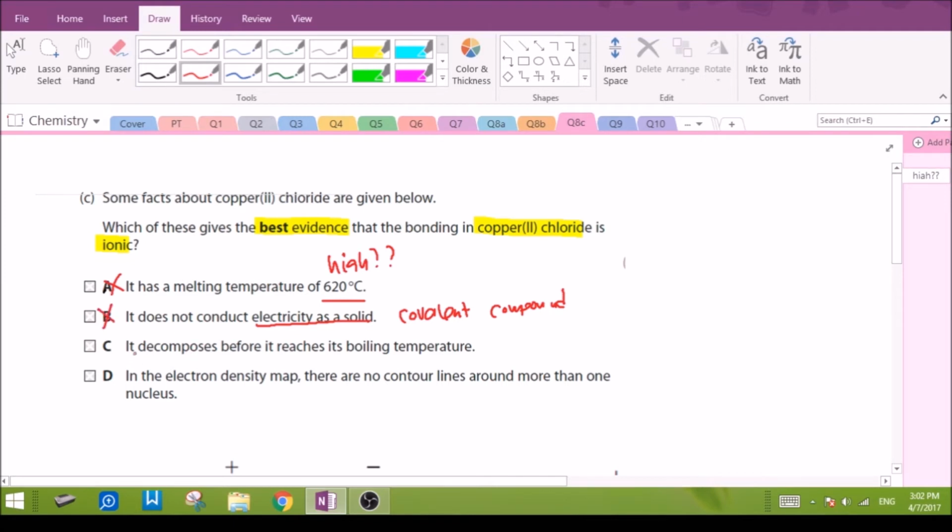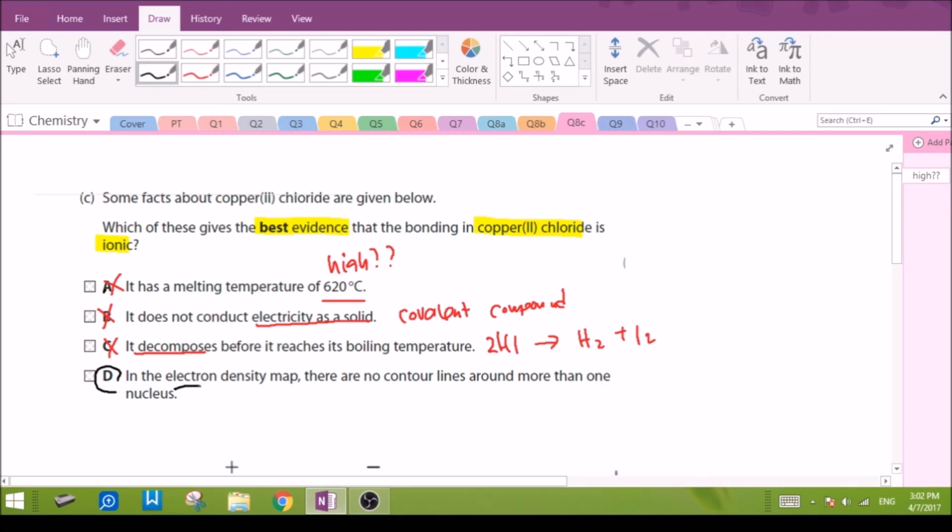Just because it decomposes, again, we cannot conclude that it is ionic. There are covalent substances that decompose easily also, for example, hydrogen iodide. So ease of decomposition doesn't indicate it is an ionic compound. So that leaves us with option D.